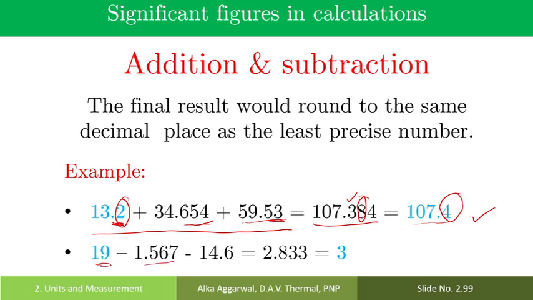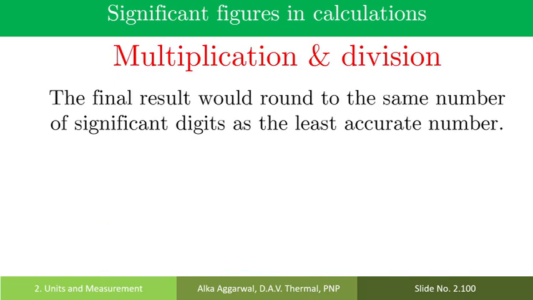In this reading, the number of decimal places is 3, in this 1. The minimum number of decimal places in these values is 0. So the result contains no decimal places. So from the result, we have to drop 8 as it is larger than 5. So the preceding digit is raised by 1 and the result is 3.